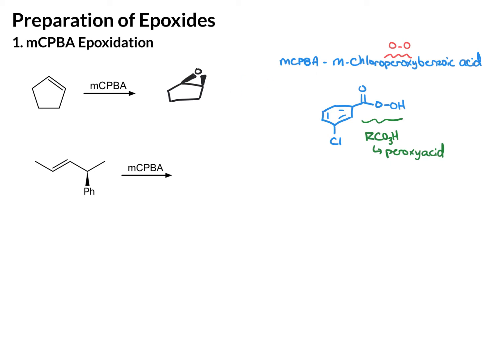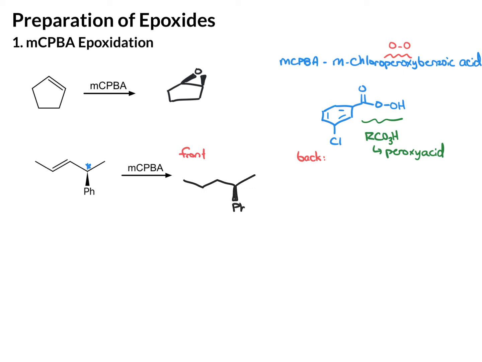But let's look at this second example where we have a single stereoisomer. We have a chiral center with a phenyl group on it. When we add mCPBA, it can add from the front and it can add from the back. So if the oxygen adds from the front, the epoxide will be on wedges. So all I'm going to do is redraw this molecule.